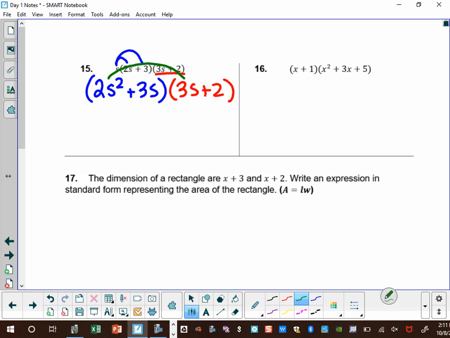2s squared times 3s can give me what? What's 2 times 3? 6, and then how many s's do I have? s cubed, right? That's 2 plus 1 gives me 3. And then I have 2s squared plus 2. 2 times 2 is 4, and my s squared stays.